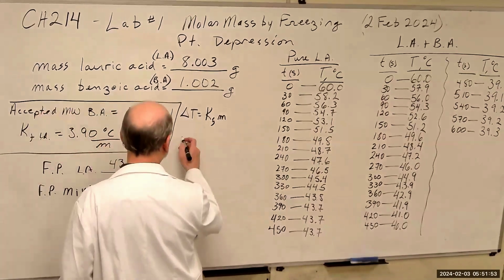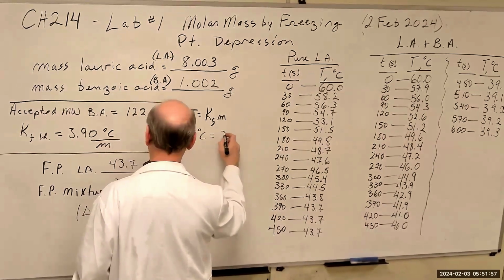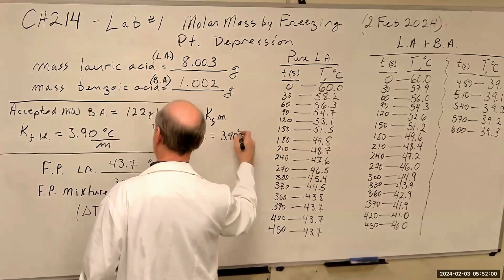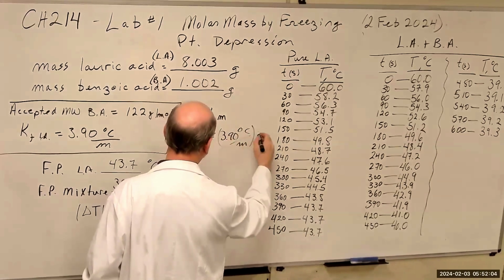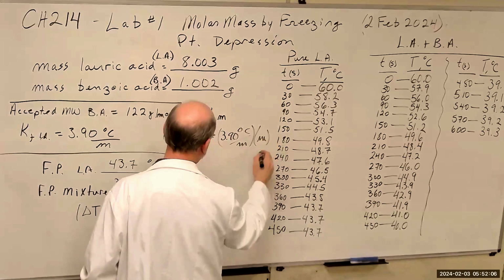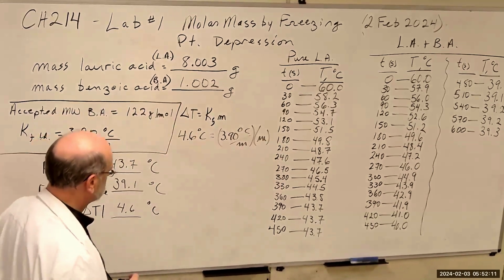So what we're going to have is 4.6 degrees C equals 3.90 degrees C per molal times the molality. Yeah, that goes in calculations.